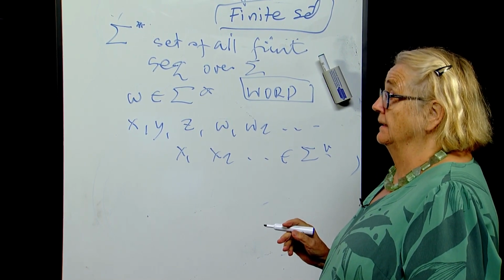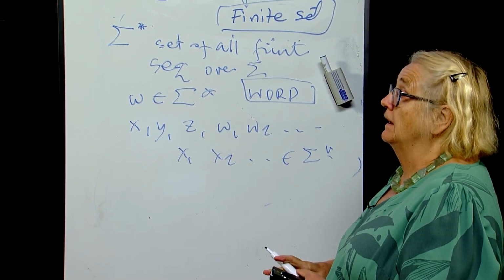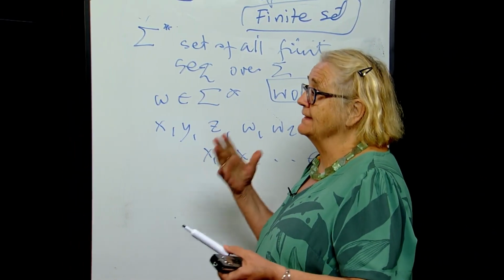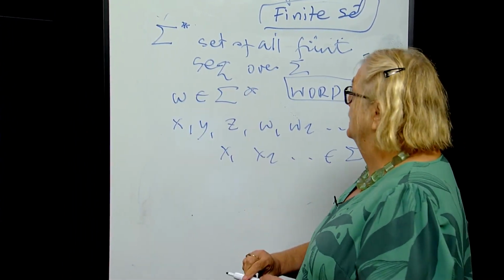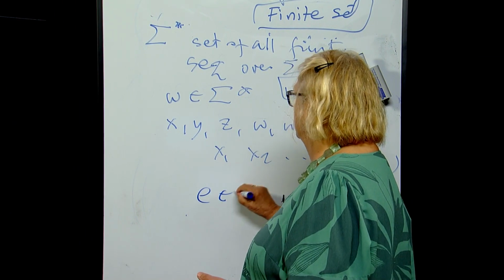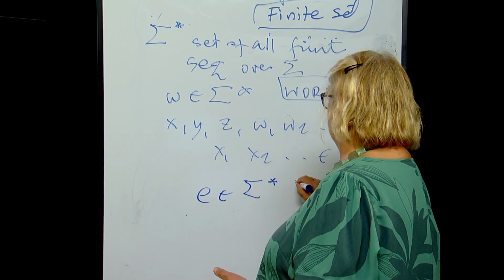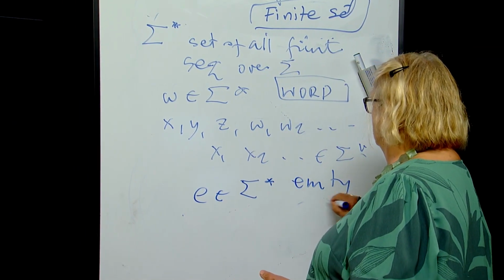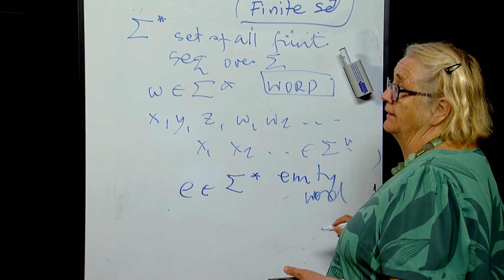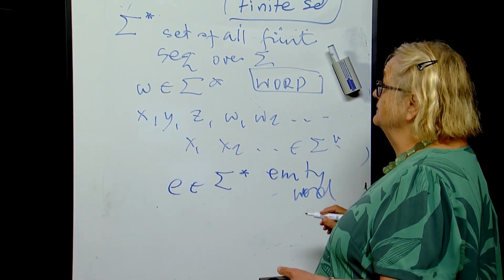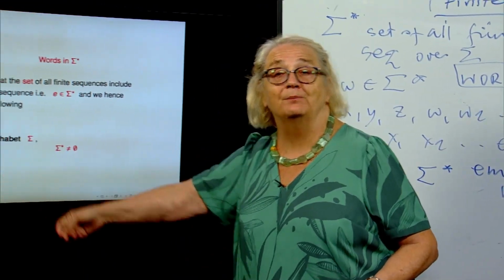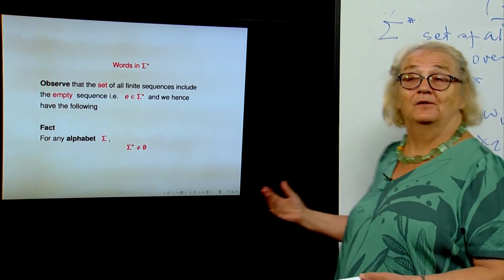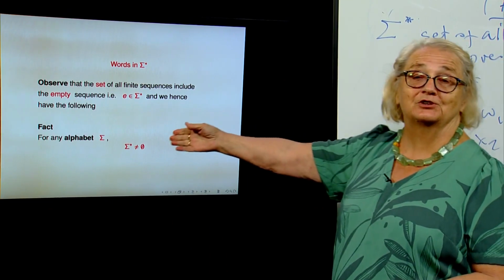And of course, the set of all finite sequences includes the empty sequence. So in particular, epsilon is the empty sequence, the empty word. And for any alphabet, sigma star is non-empty because epsilon is always in sigma star.